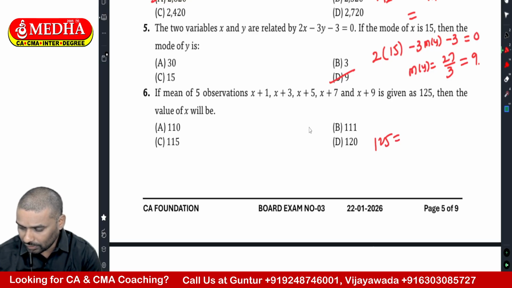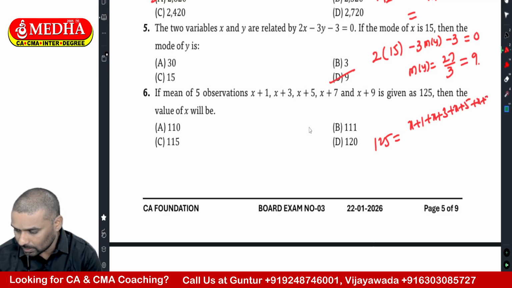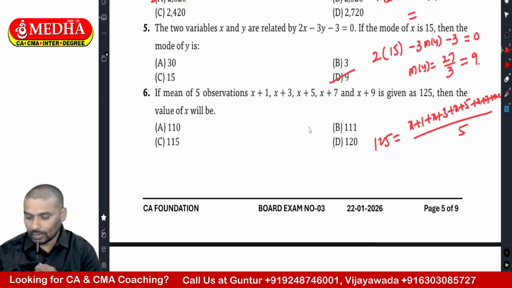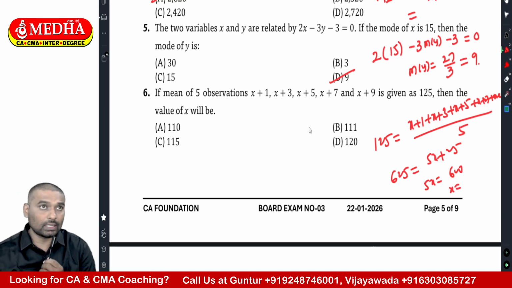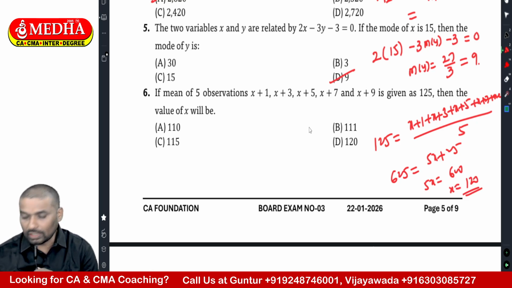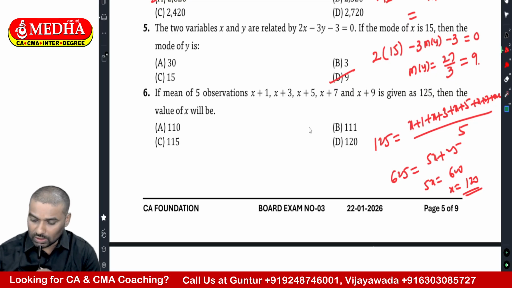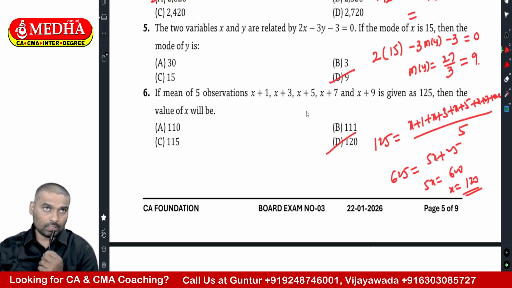So 125 is equal to x plus 1 plus x plus 3 plus x plus 5 plus x plus 7 plus x plus 9, divided by 5. Then cross multiply: 625 is equal to 5x plus 25. Then 5x is 600. Then x is 600 by 5, that is 120. The value of x is 120. Then option D is correct.